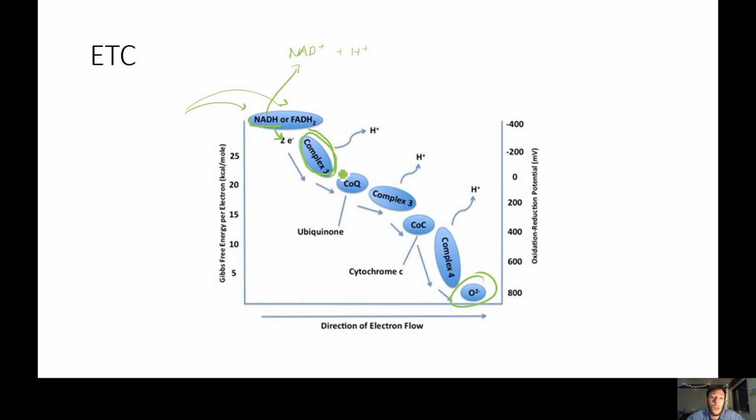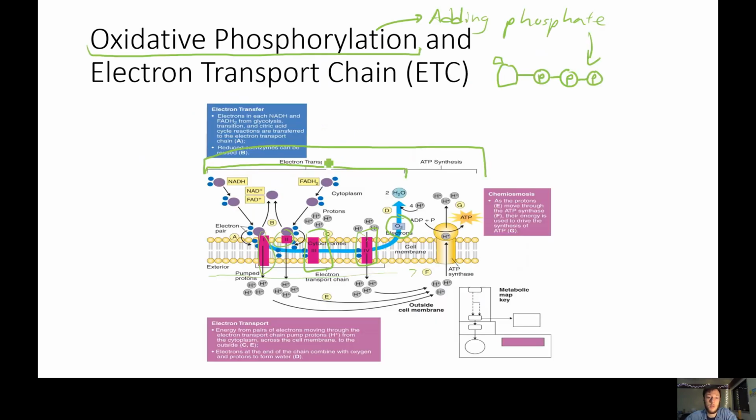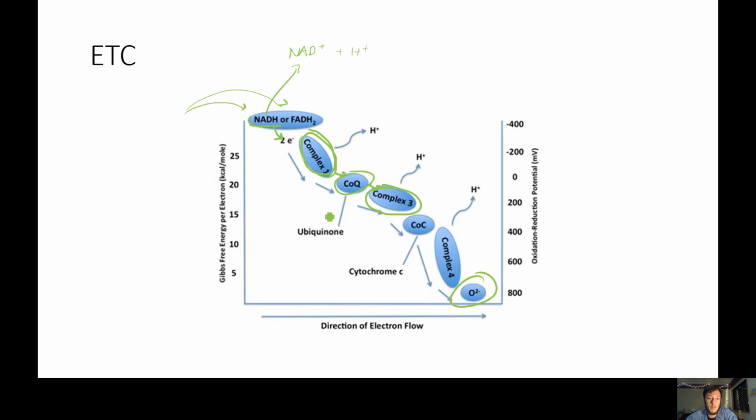And then once it changes the structure, it gets pulled down to the next structure. And then it gets pulled down to the next structure where it changes it again. And each time the structure changes, it pumps hydrogen across the membrane.